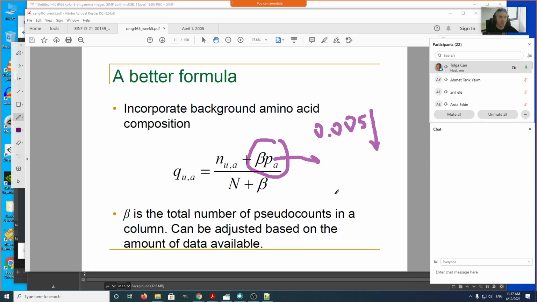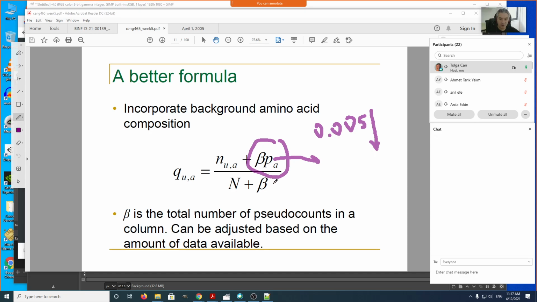For example, it doesn't make sense to have the same amount of pseudo counts for tryptophan and glutamine. They may have different observation frequencies in nature. So add these pseudo counts proportional to their frequencies in nature. So this also makes sense. We are adding noise, but this noise follows nature.